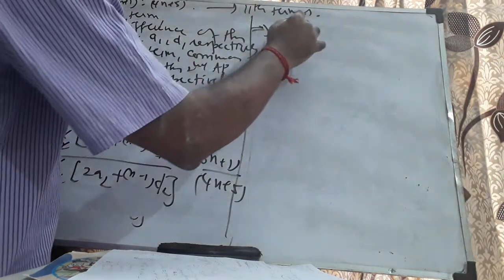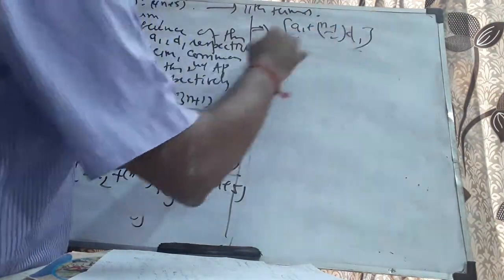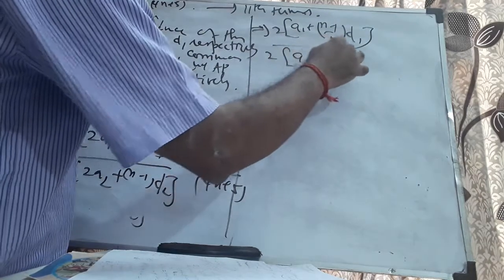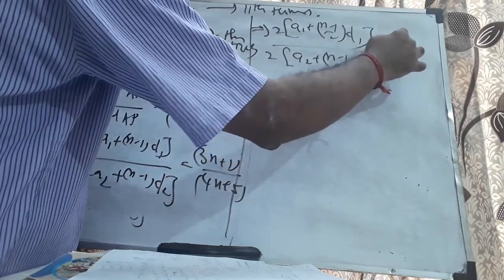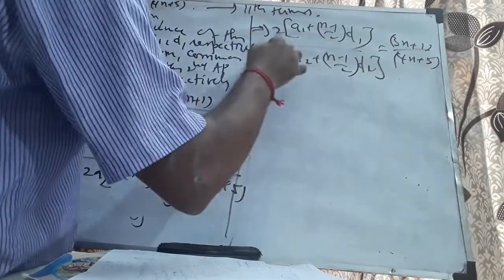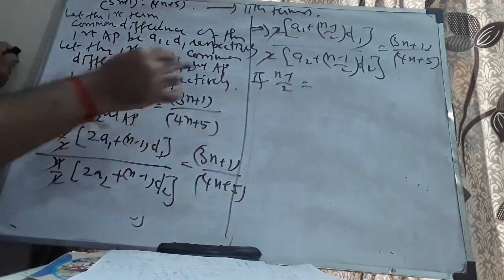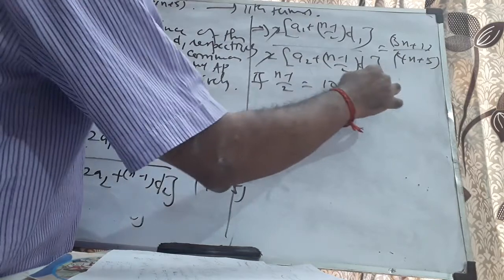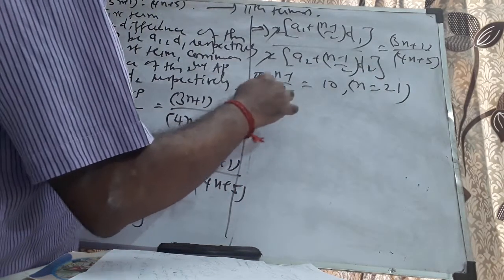Just take 2 as common from both numerator and denominator. In LHS, (a1 plus (n minus 1) by 2 into d1) by (a2 plus (n minus 1) by 2 into d2) is equal to (3n plus 1) by (4n plus 5). Here, if (n minus 1) by 2 is equal to 10, it is quite logical, n equals 21. Here n becomes 21.